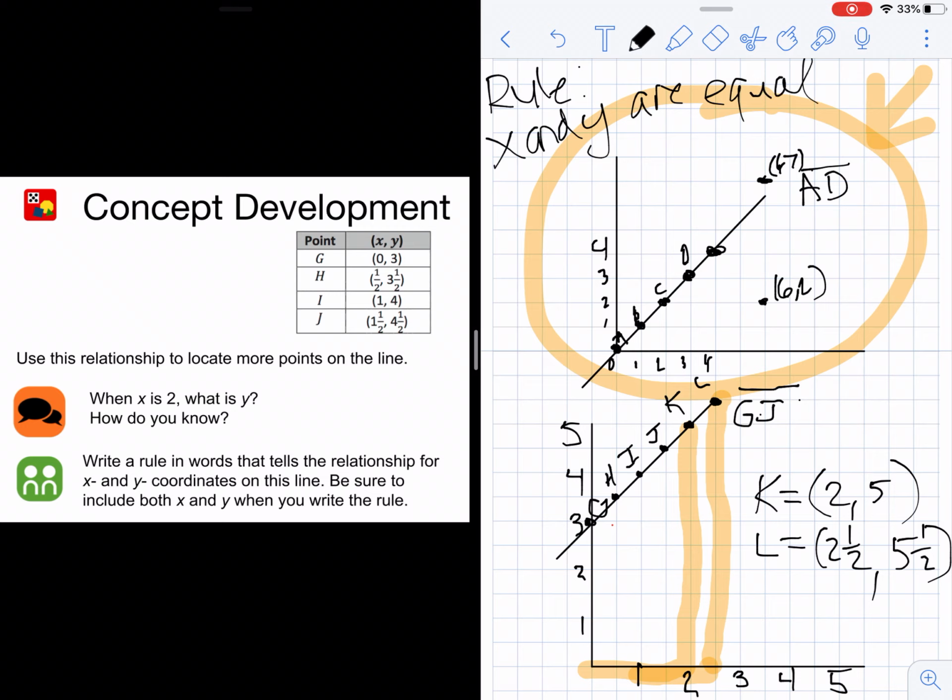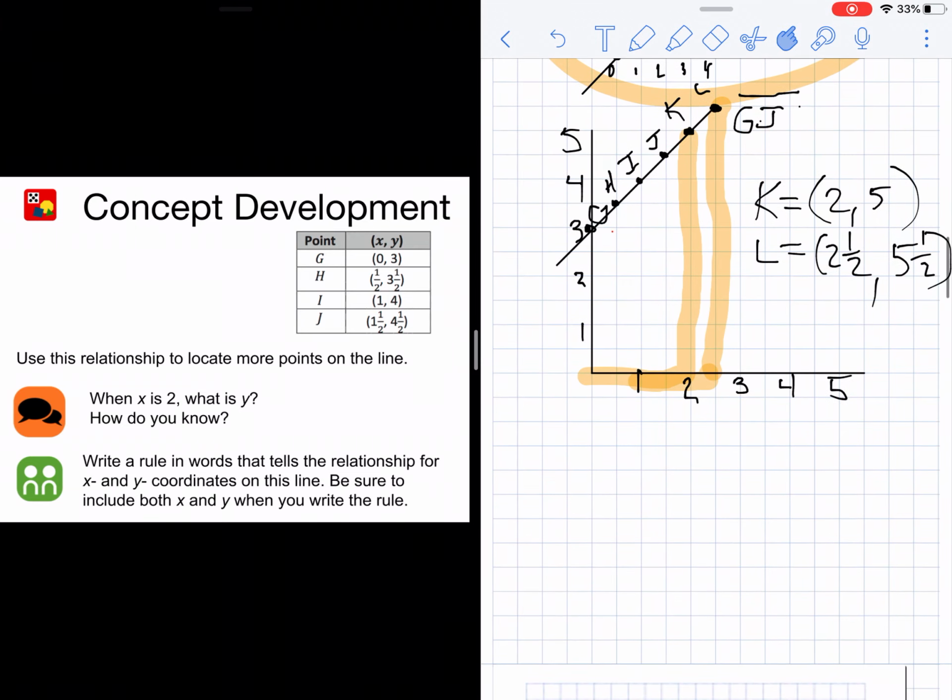See how I used x and y when I wrote the rule? You can also say the rule y is equal to x. So you can say x and y are equal, or you can also say y is equal to x. So we both used x and y in that rule.